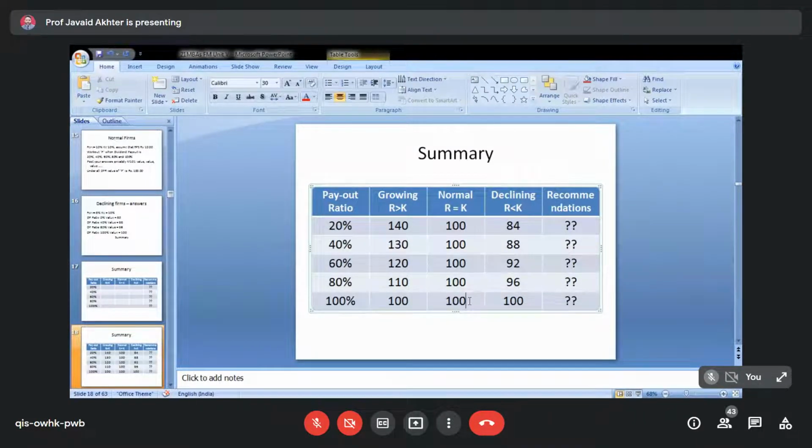Look at the declining firm: 84 and 88, 88 and 92, 92 and 96, 96 and 100. What is the difference between these two? At each step, 4. And what is the difference between each step in case of growing? 10. So mathematically the difference is clear to all of you?